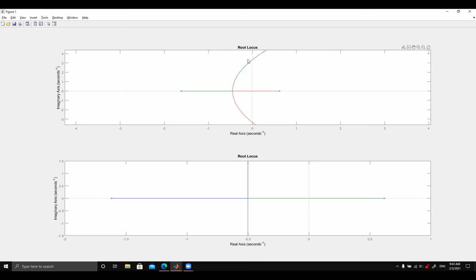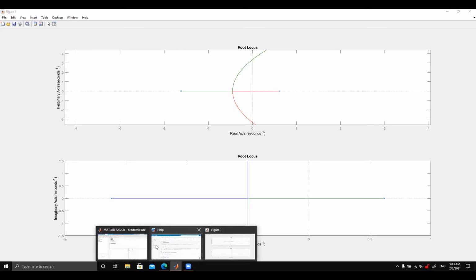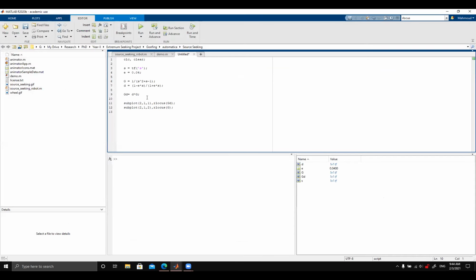If we want to refine this portion a little bit, we can do that by specifying the values of the gain. So we put linspace starting from 0 up to, let's say, 20, with a step of 1e to the power 4, and we give here k and k.